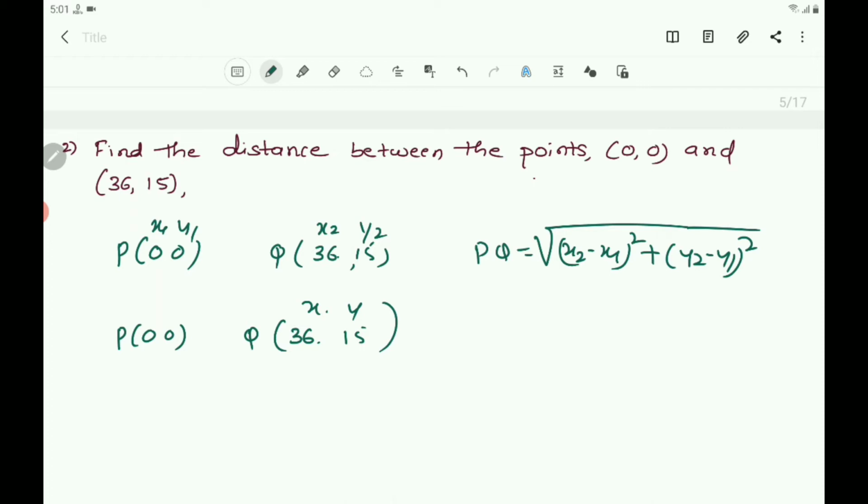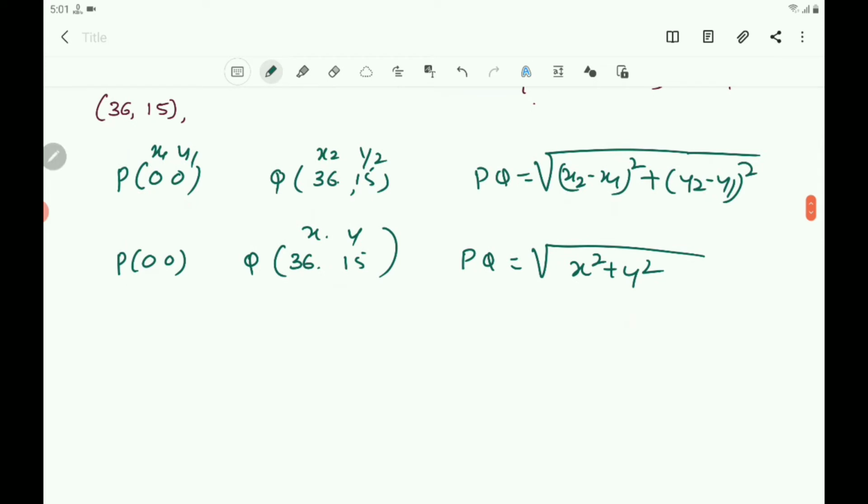Or if you use the origin and the coordinates are x y, then you take PQ equals whole root x square plus y square. Both are the same here. Now the origin is the point O, and let us take this point P, then this becomes OP. You can take PQ or OP, any one you like.